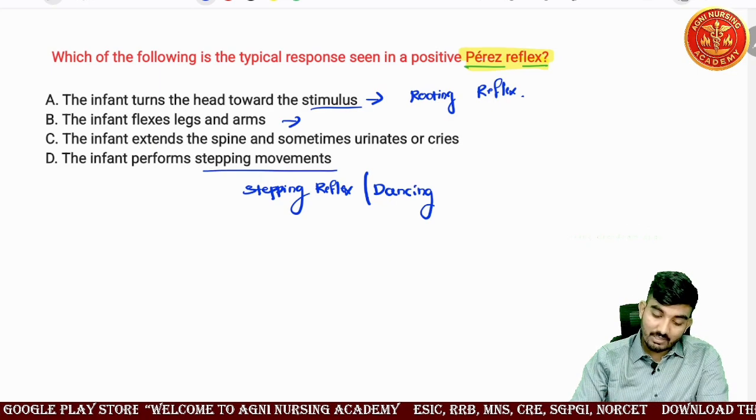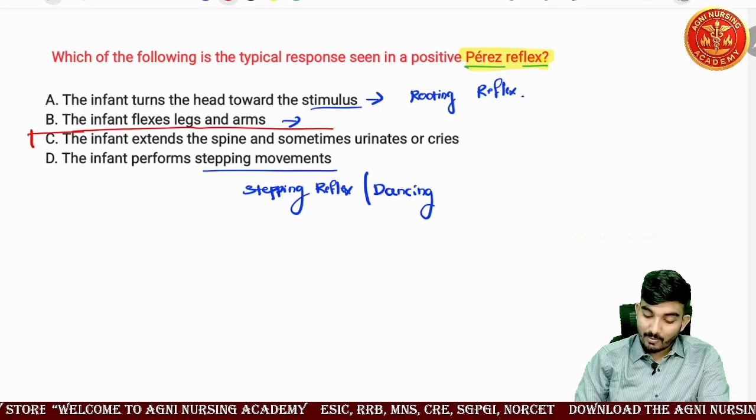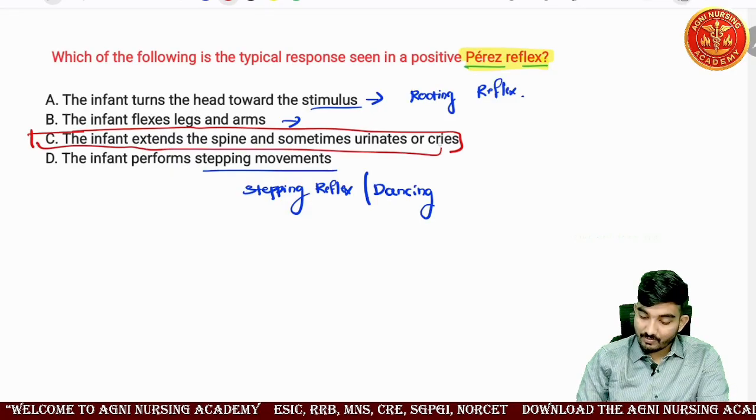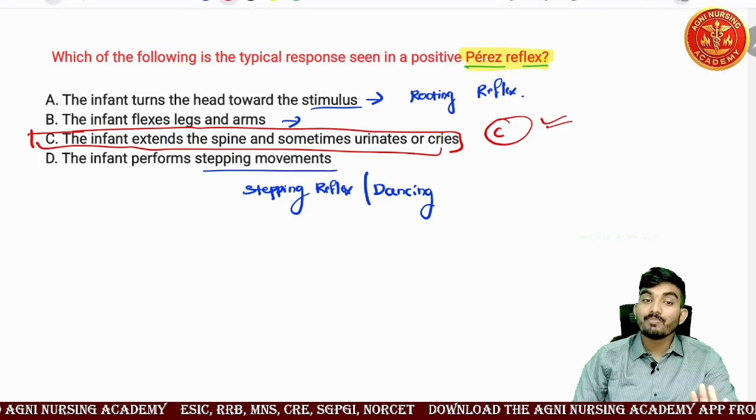The correct answer for this question is option C. I told you in detail. Option C is the correct answer for our question. That one is the Perez reflex.